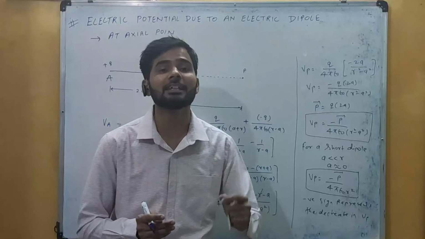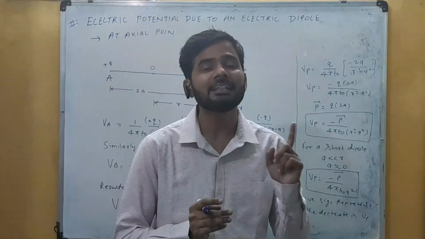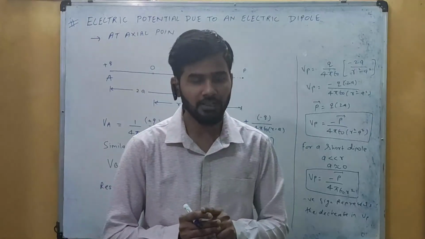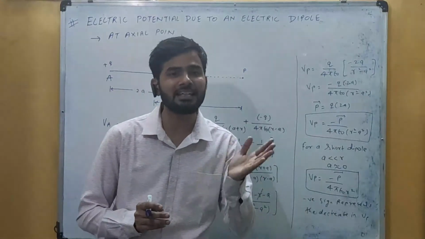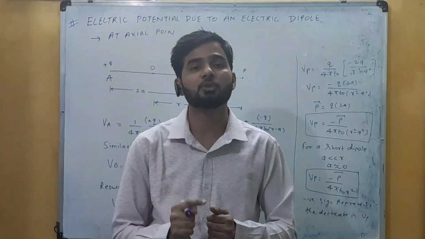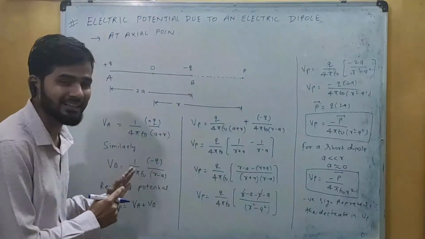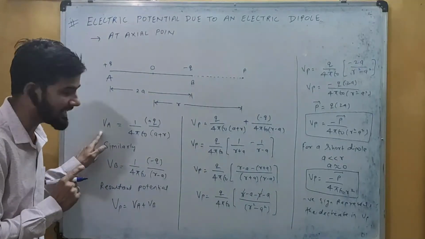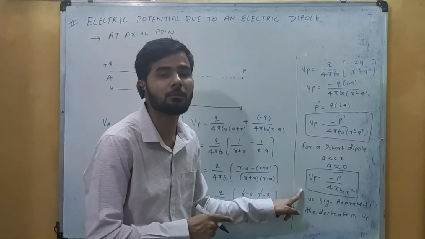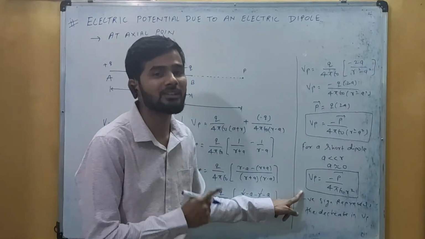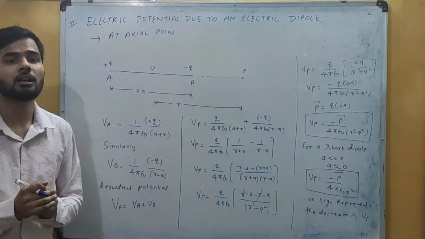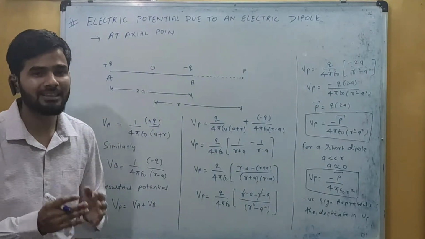But for a short dipole, E is equals to P by 4 pi epsilon naught r cube. That is for axial and equatorial, for one it becomes 2p and for the other simply p, but with distance it is inversely proportional to r cube. So here also there is the same trend: for a simple point charge it is inversely proportional to r, whereas for a short dipole it is inversely proportional to the square of the distance. This is the potential due to a dipole on the axial line.